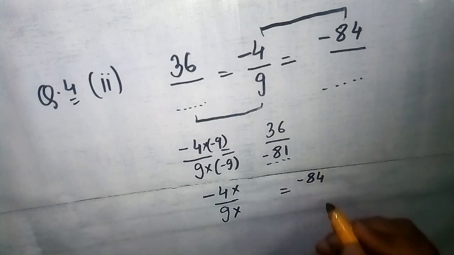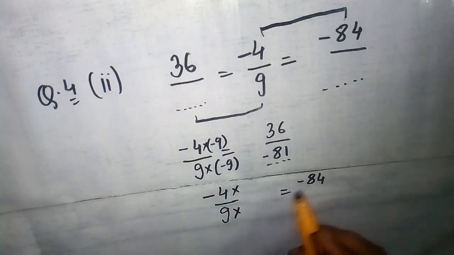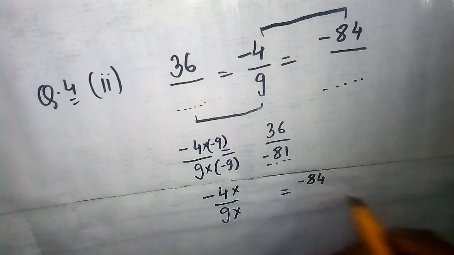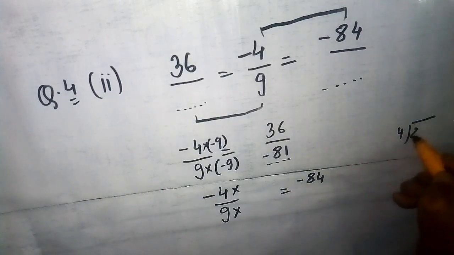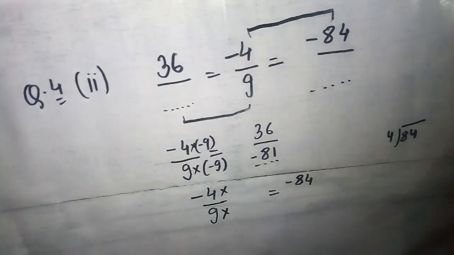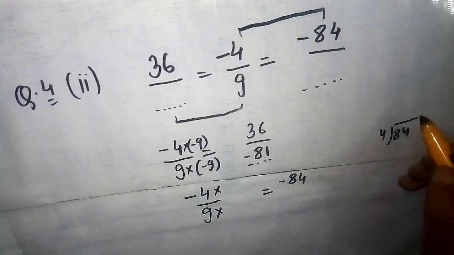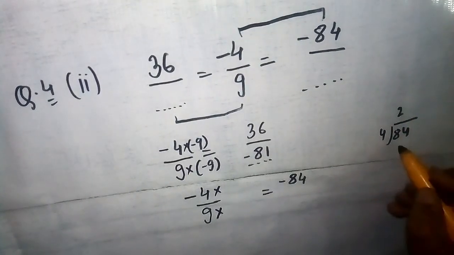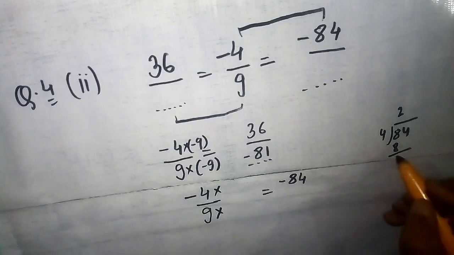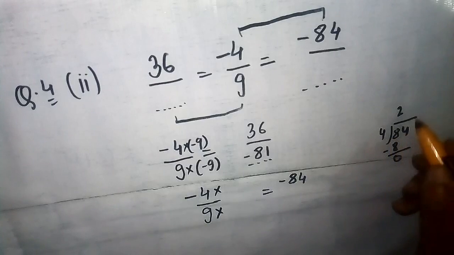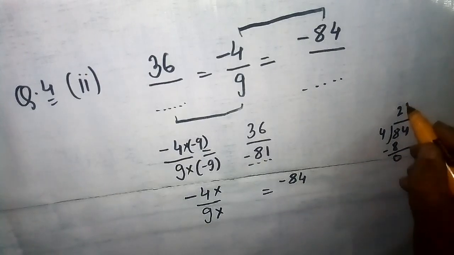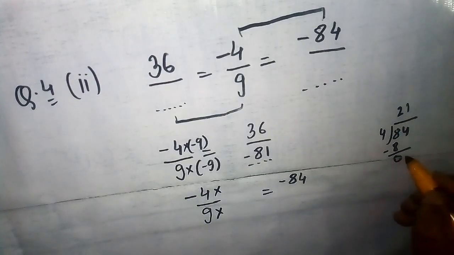So minus 4 upon 9 will be equal to minus 84 upon dash. Now what should be multiplied to 4 to get 84? Let us find with the help of long division. So 4 twos are 8. Remember, we are dividing numerators only because we have to find out the denominator.